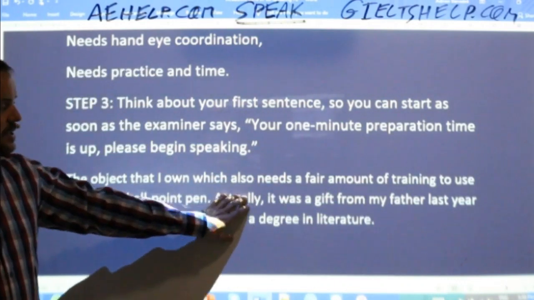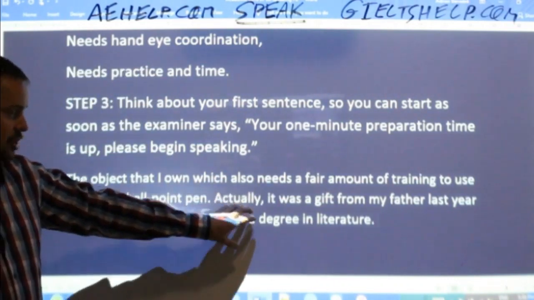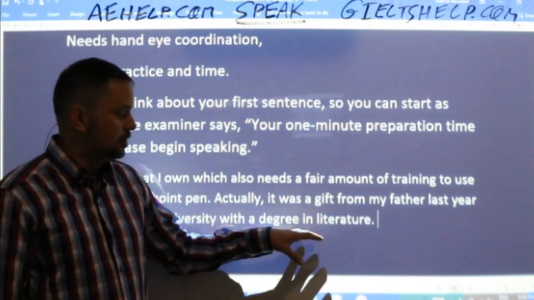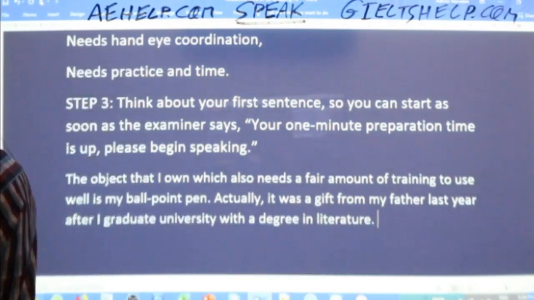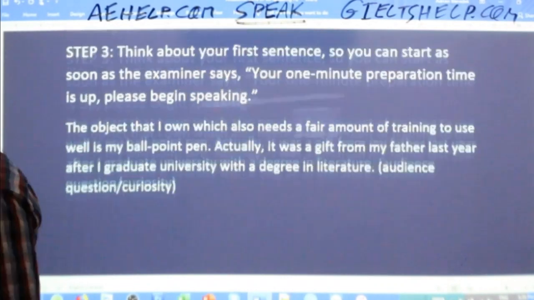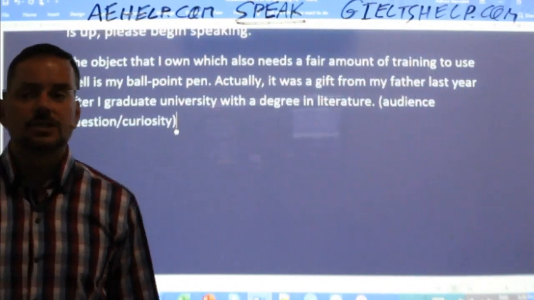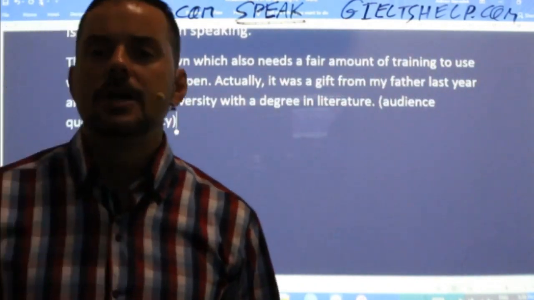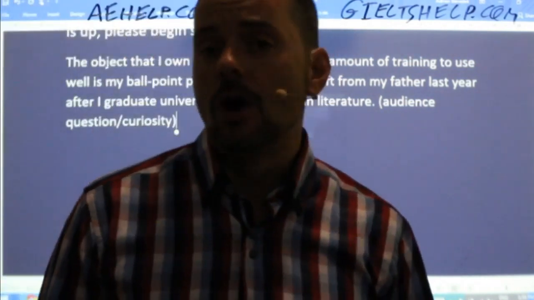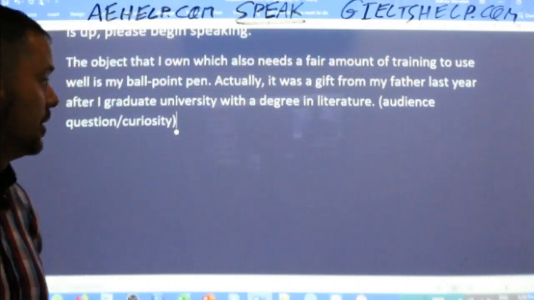When I tell you this sentence, students, so when I say actually it was a gift from my father last year after I graduated university with a degree in literature, what is your question? This is a great way to practice your part 2 speaking at home, is think about what your listener, what your audience would be thinking here, okay?